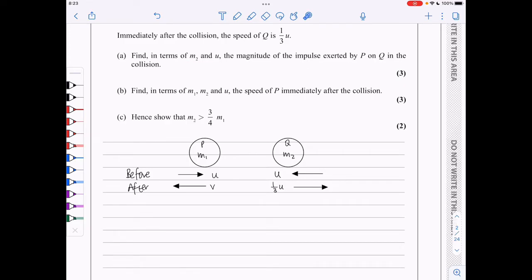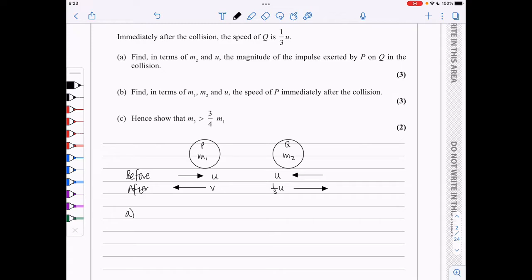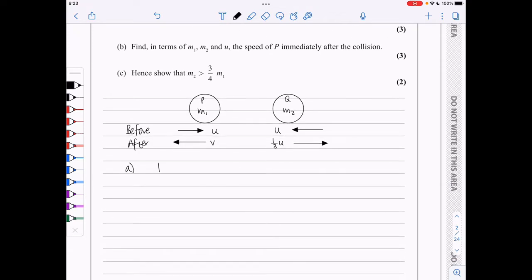in the collision. We know that the impulse is the change in momentum. So we need to consider how the momentum changed during the impulse.